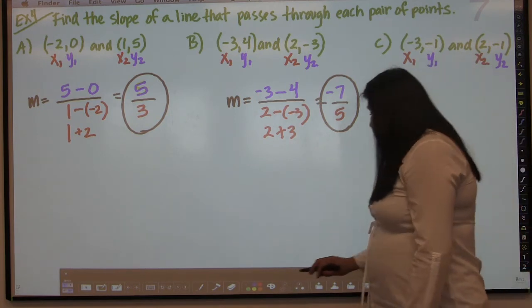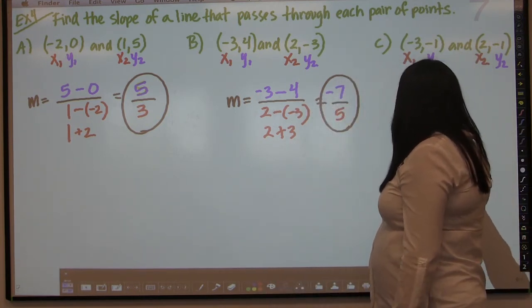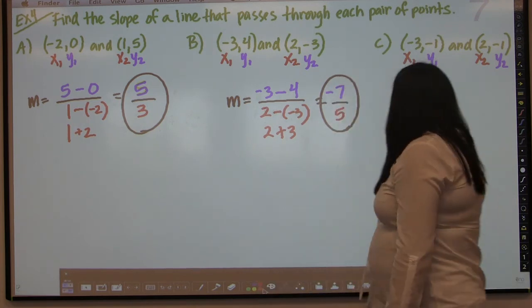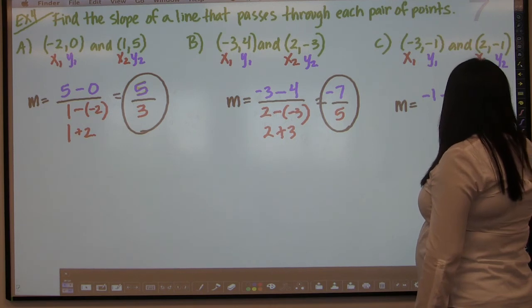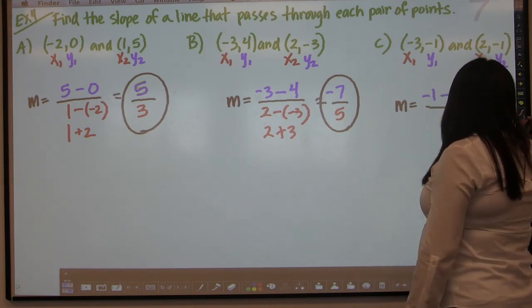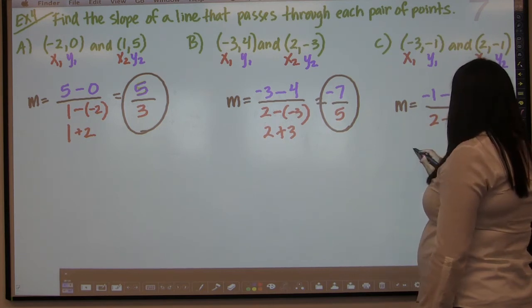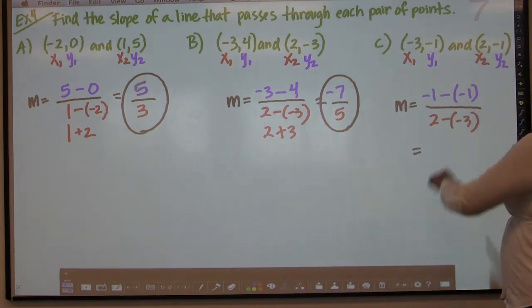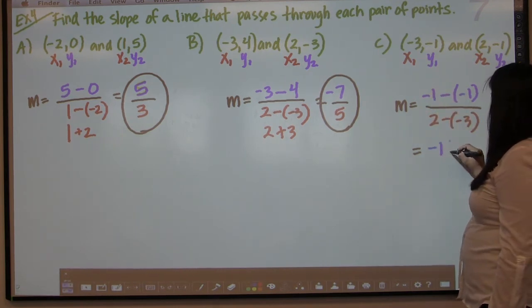And then we have one last option. In this case, our y2 is negative 1 minus negative 1 divided by 2 minus negative 3. So here we have negative 1 minus negative 1. Again, be really careful that that's negative 1 plus 1.